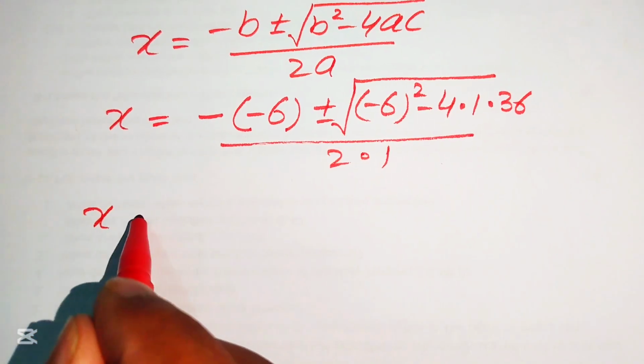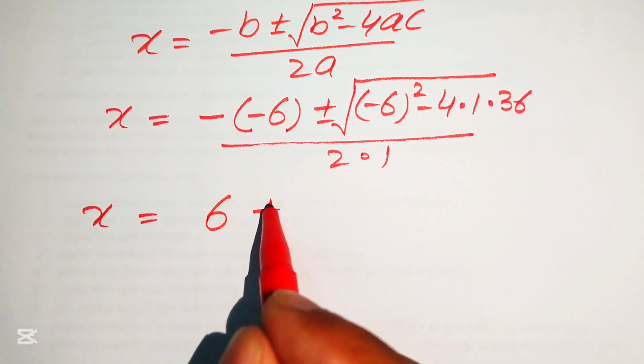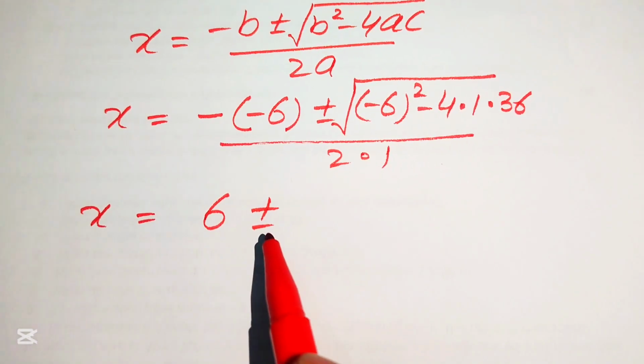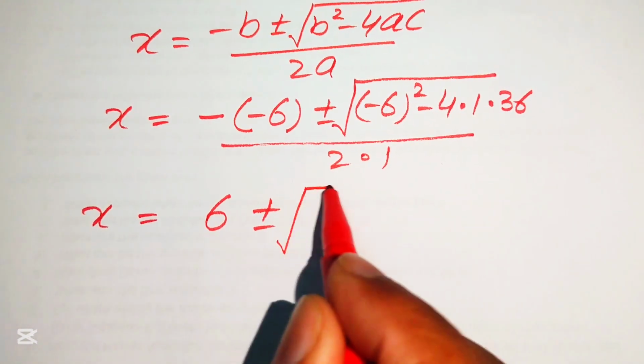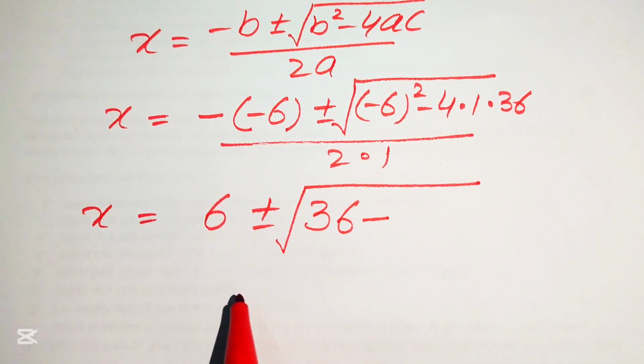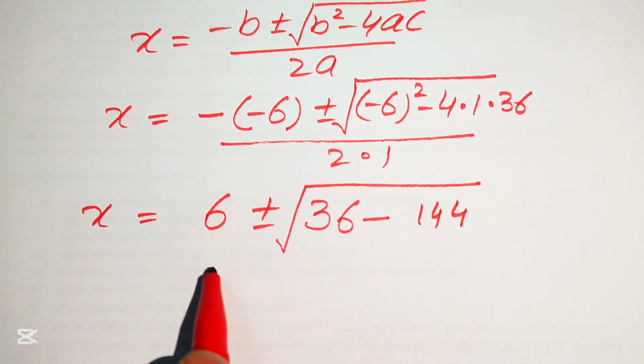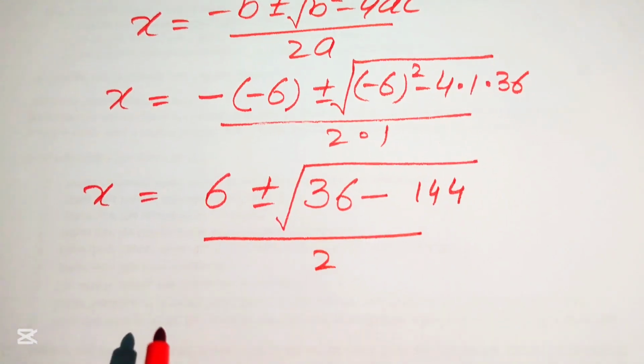And now in the next step we have x equals, minus times minus becomes plus 6, plus minus square root of minus 6 square, and minus 6 square equals 36, and 4 times 36 equals 144, divided by 2.